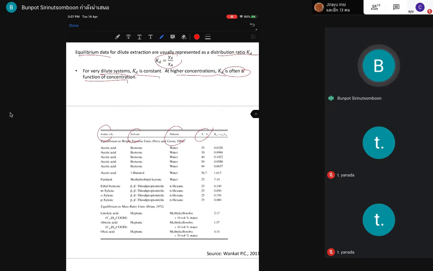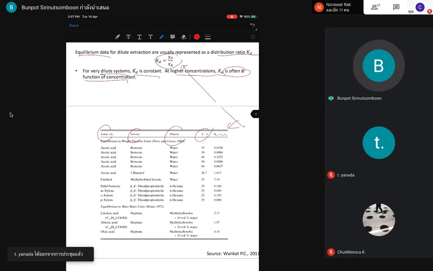So this one shows you an example, and if you know which solute, which solvent, which diluent, and which temperature to use, then you can look at the table to get the KD value and use this KD value to derive the equilibrium equation and draw it on the graph.